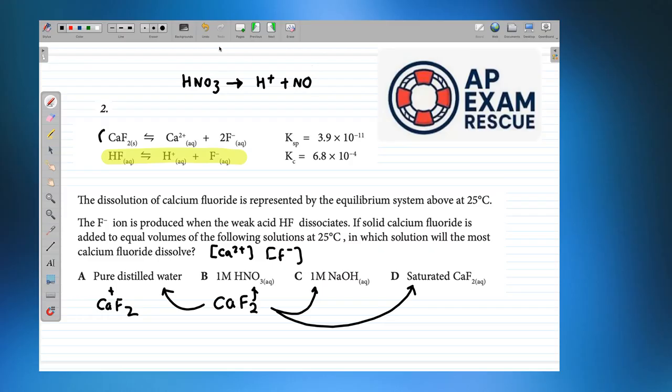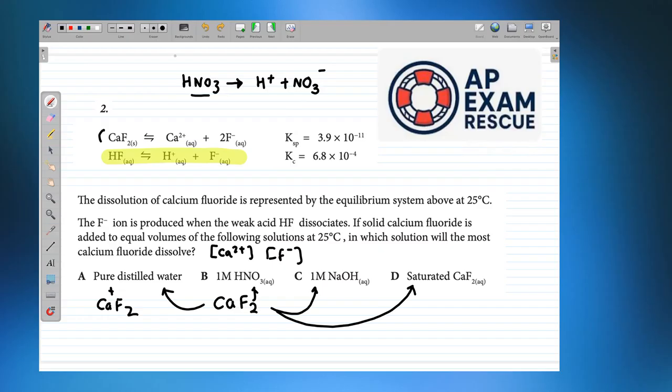We remove an H and add a negative charge, same as HCl. So H plus and NO3 minus. This is a very basic skill. You must know this very well.